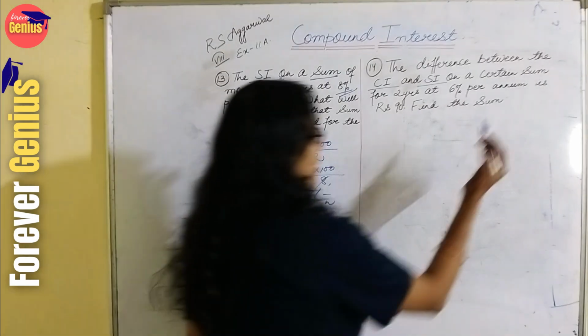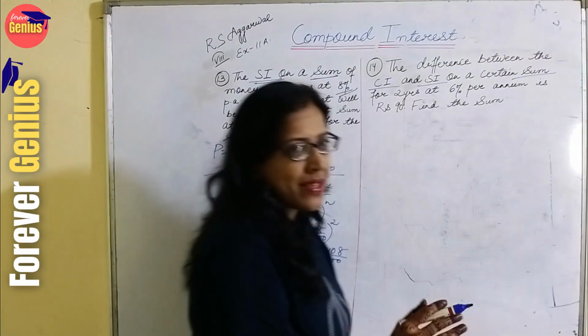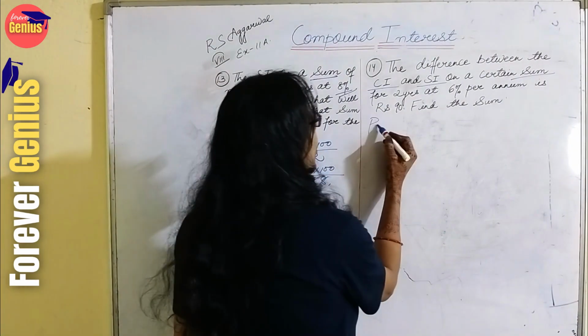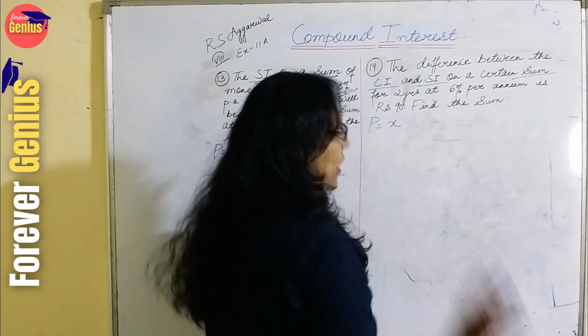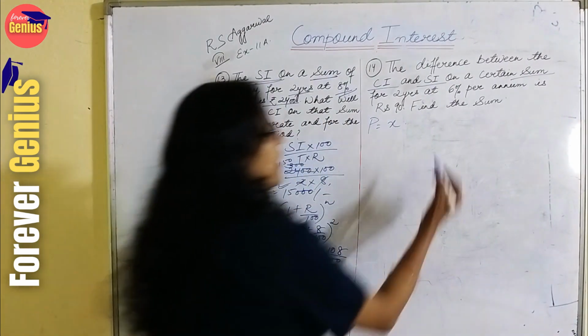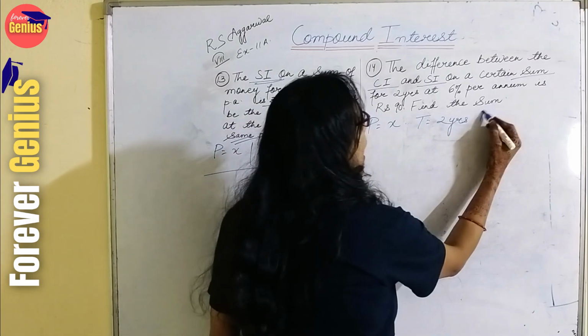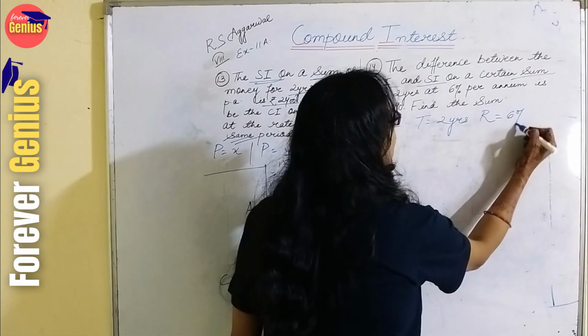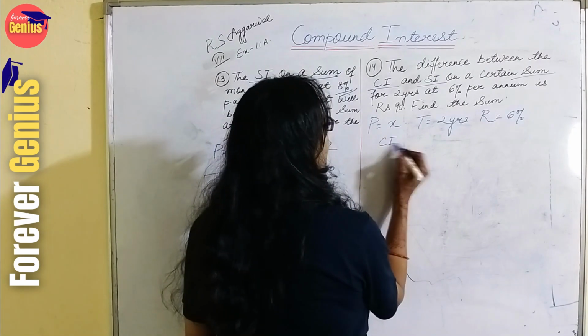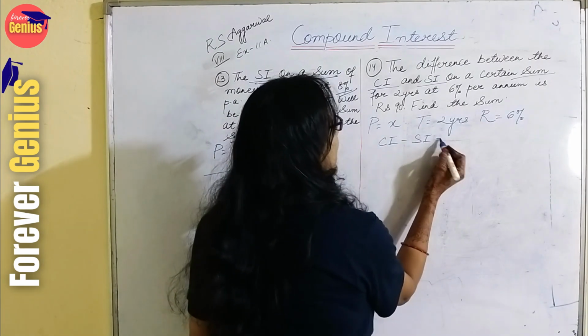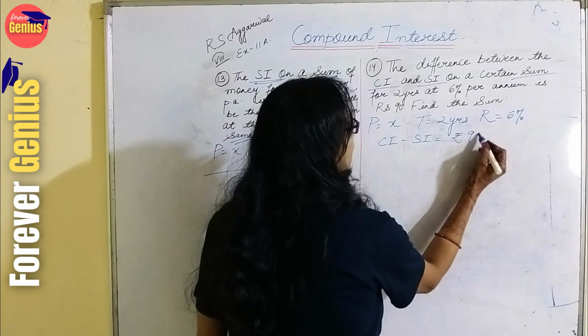Certain sum, again, sum means principal. I don't know the principal. Let it be x. Now t is equals to 2 years. R is equals to 6%. Whereas compound interest minus simple interest is equals to rupees 90.